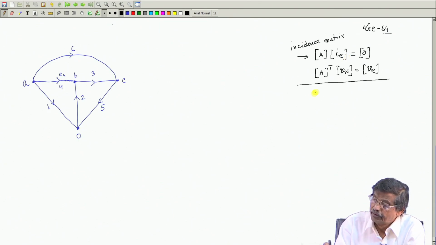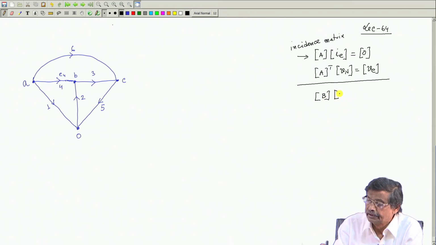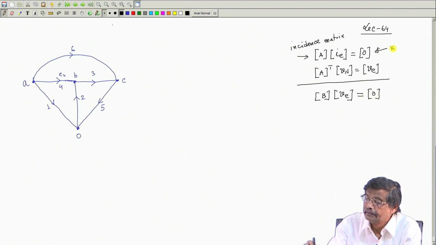Similarly, we got another two interesting relations, that is B into the element voltage matrix, this is equal to 0. This is KVL.